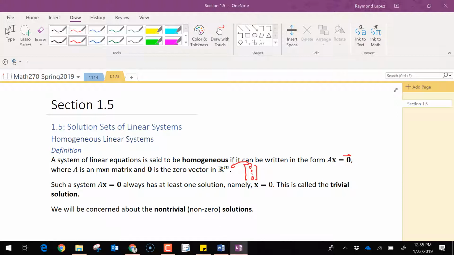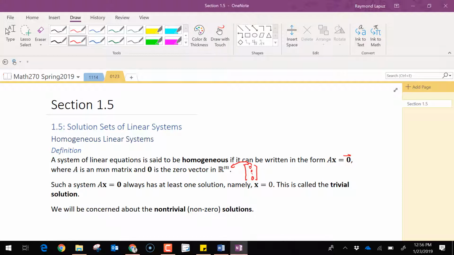It's clear that the zero vector is going to work, right? In fact, with scalars, if you had 3x equal to 0, then x has to equal 0, and that would be the only solution.